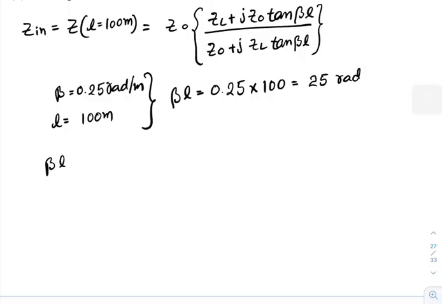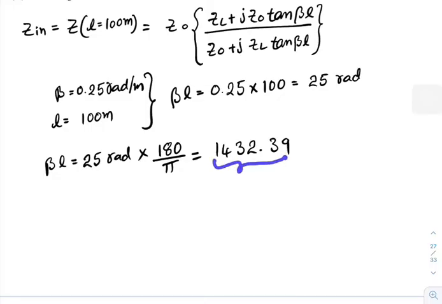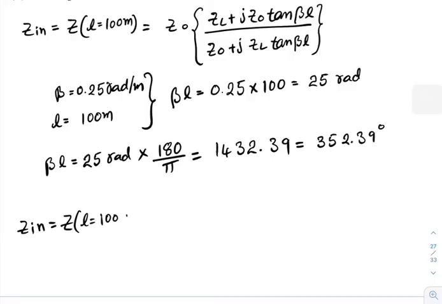Let me convert this into degrees, multiplying by 180 by pi, which is equal to 1432.39 degrees. Anyway, beta L repeats for every 360 degrees, so I can convert this to 352.39 degrees.